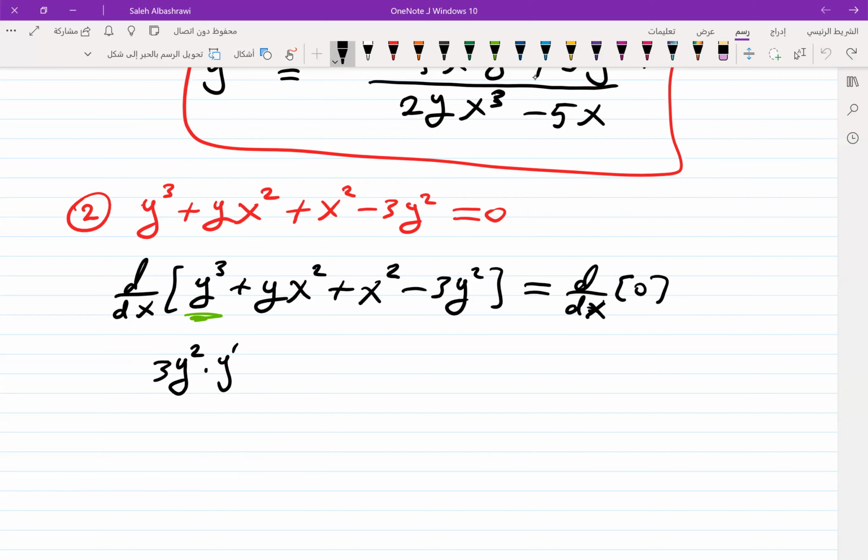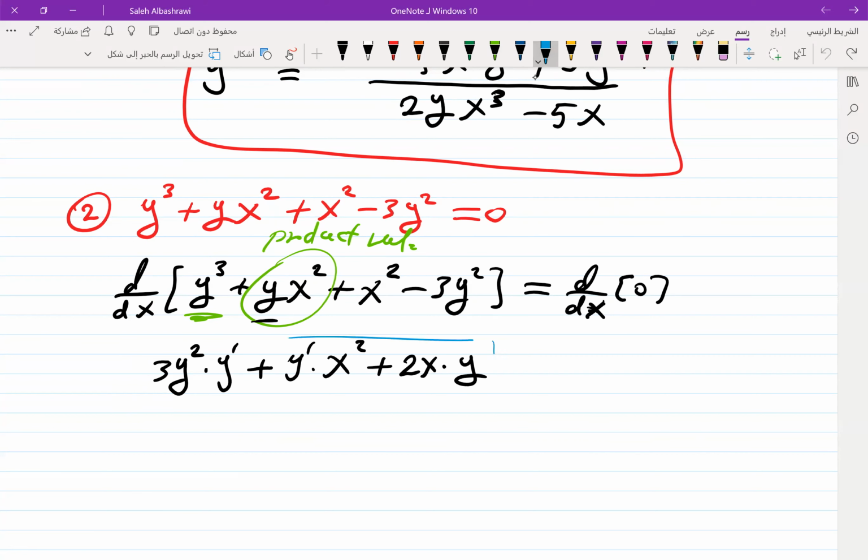Now the second term, it is product rule, which is f prime g plus g prime f. f prime means y prime multiplied by x square plus g prime, the derivative of the second one, which is 2x multiplied by y.